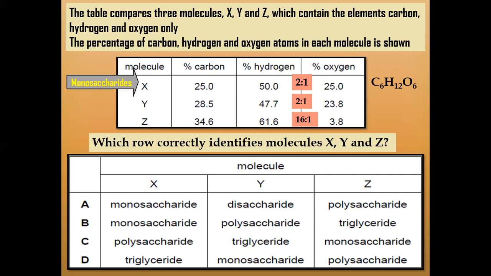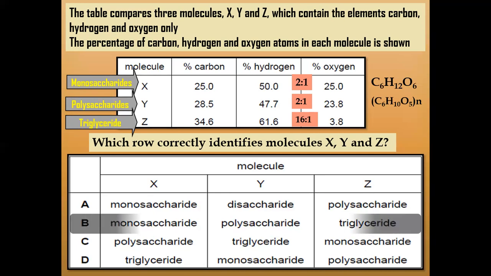With the help of the formula of polysaccharide, that is (C6H10O5)n, Y is the polysaccharide, while Z, due to the low concentration of oxygen compared to the hydrogen, is triglyceride. On the basis of this given information, B is the correct answer. So X is the monosaccharide, Y is the polysaccharide, and Z is triglyceride.